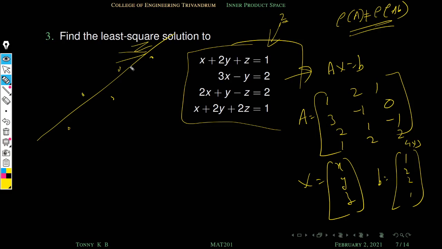In the case of Hooke's law it is clear that the underlying relation is linear, but due to some problem our observed data is nonlinear, so we are forced to find the best straight line. That's the concept. Here the system is inconsistent, but for some reason we are forced to find the best solution. That is the idea of least square solution.